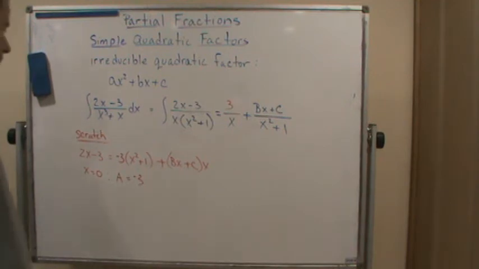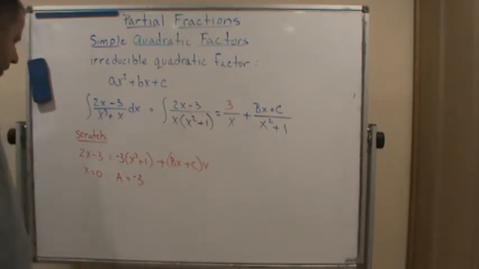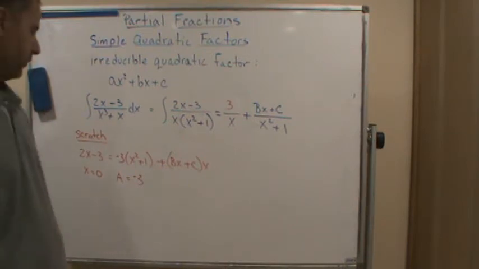Okay, so let's do x equals 1. Well, if we do x equals 1, we're still going to get the system of equations. We need to solve for one more. So you know what I'm going to do? I'm going to set up the system of equations here.